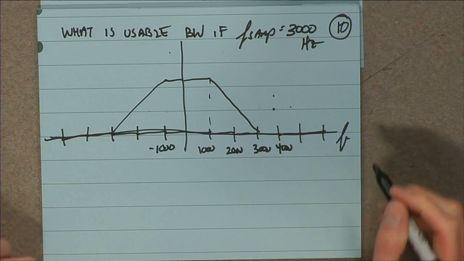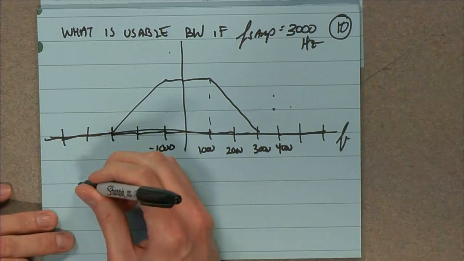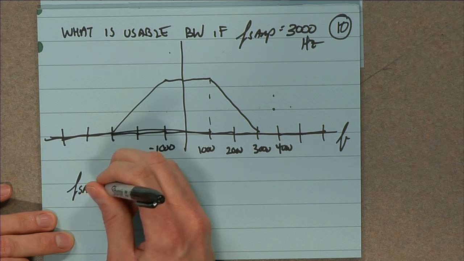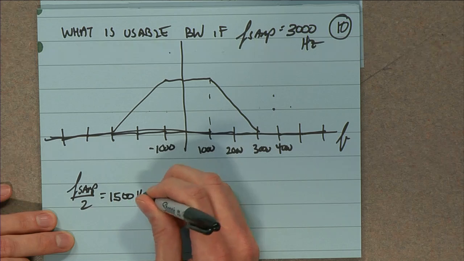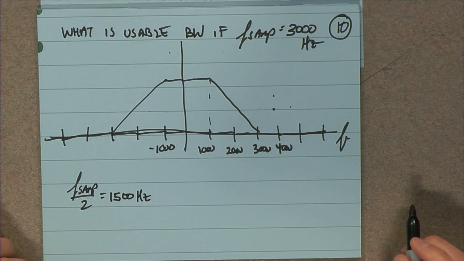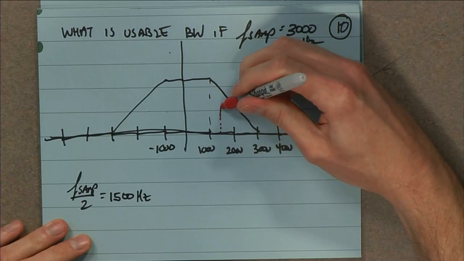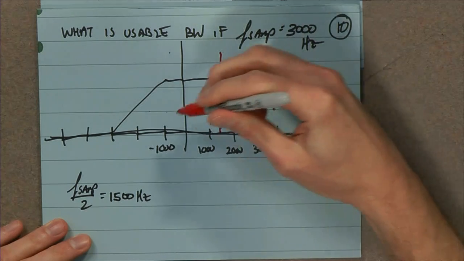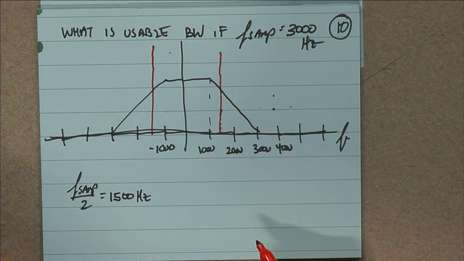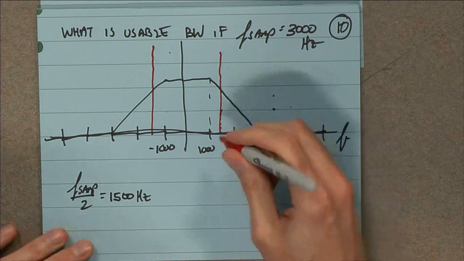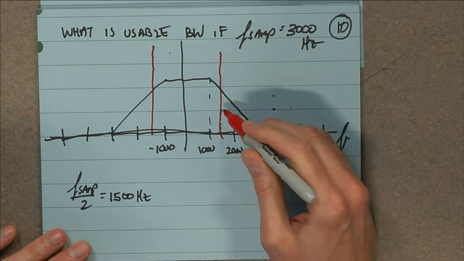But now, if fsamp is 3,000, then fsamp over 2 is 1,500 hertz. So if we go back and draw our folding frequencies, we'll notice pretty quickly this is 1,500 hertz.